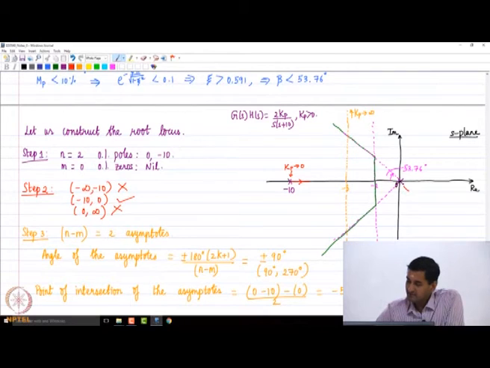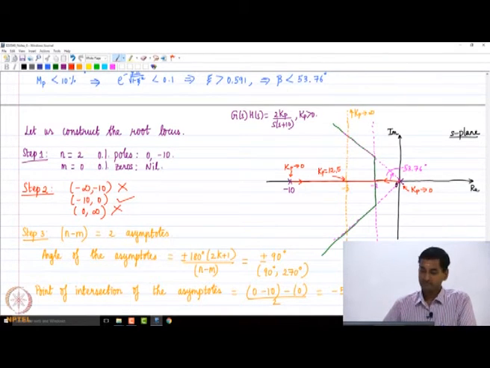Similarly, another branch will start from the open loop pole at 0 and start traveling towards the left. Obviously, these two will come and meet at -5. So, -5 becomes a breakaway point where Kp is 12.5. That is what we have as a breakaway point.